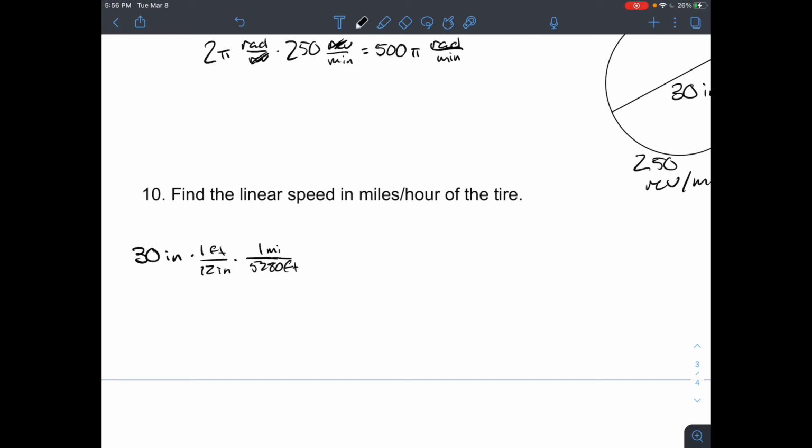So that's going to get us our diameter in miles. Now to find the circumference, we're going to multiply by pi. So now this is going to get us, let me make sure I'm clear here.